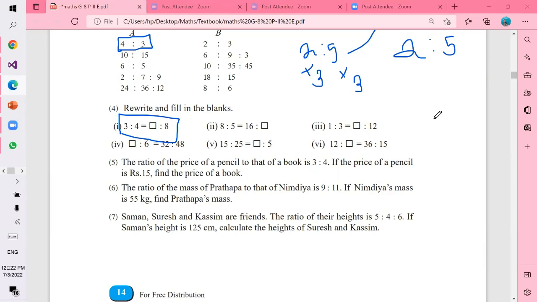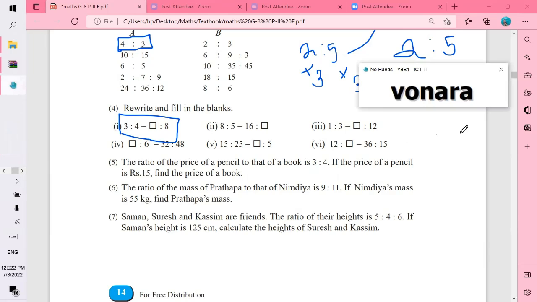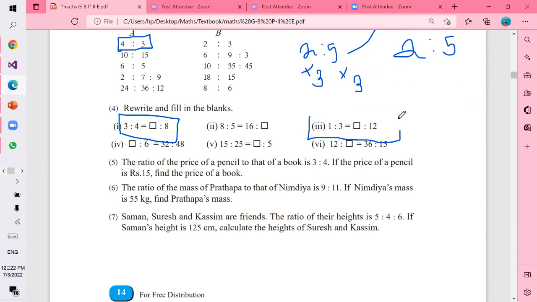Okay. Until then, Viara, can you answer this question? It is very easy. I'm done. Okay, Wanara, please answer this question. 3 to 4 equals 6 to 8. 4 times 2 is 8, 3 times 2, yes. 6 to 8, correct.